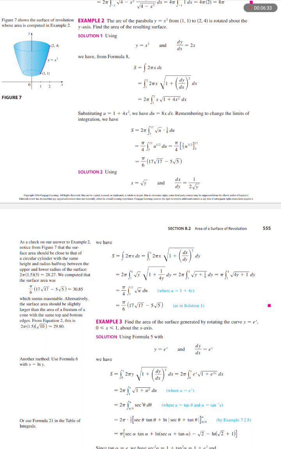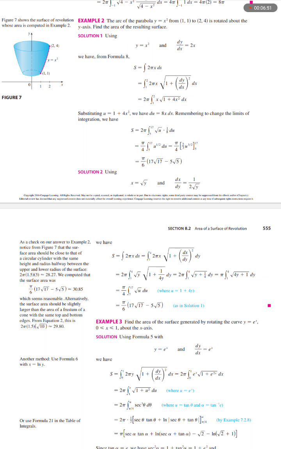We computed that the surface area was pi over 6 (17 times the square root of 17 minus 5 times the square root of 5), which approximately equals 30.85, which seems reasonable.